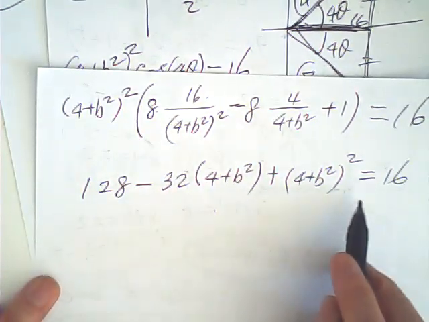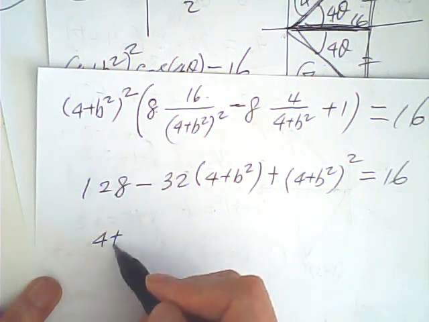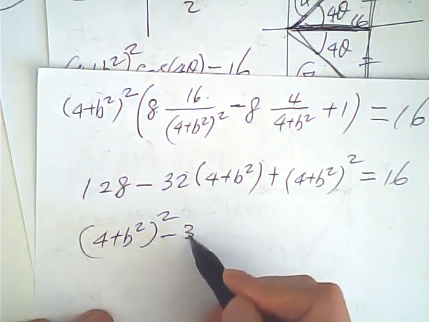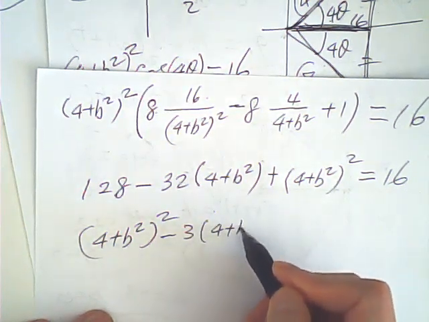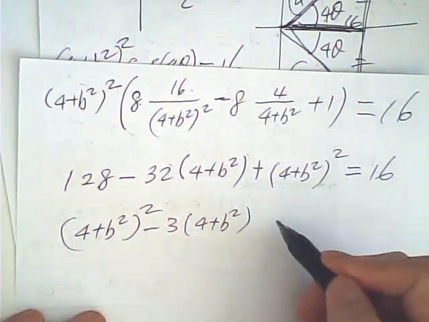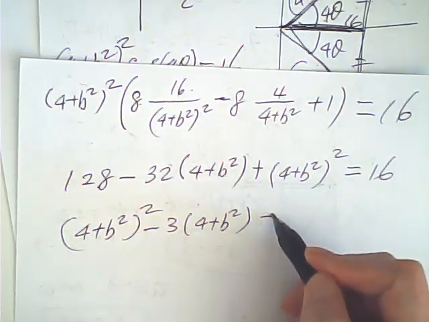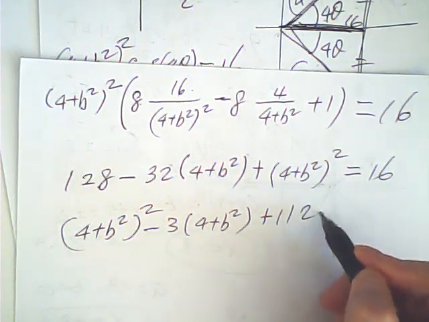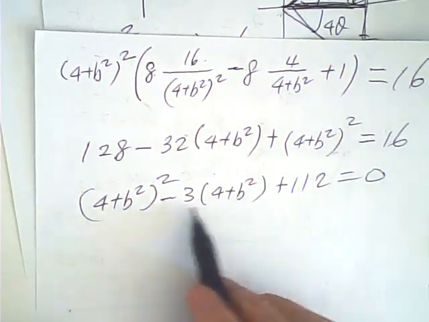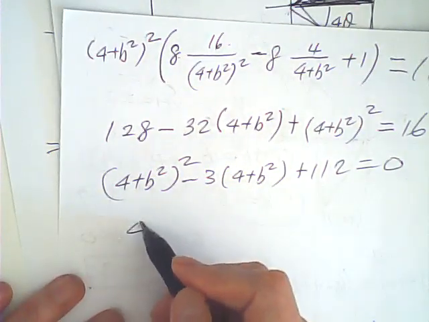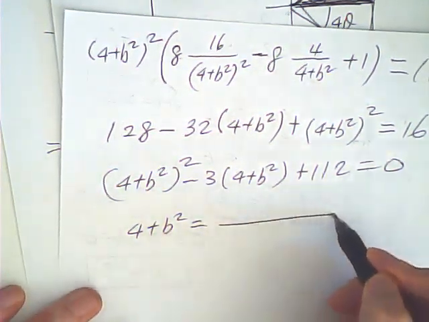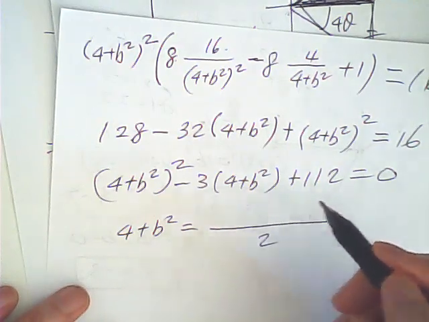So this is (4 plus b squared) squared minus 32 times (4 plus b squared) plus 112 equal to 0.